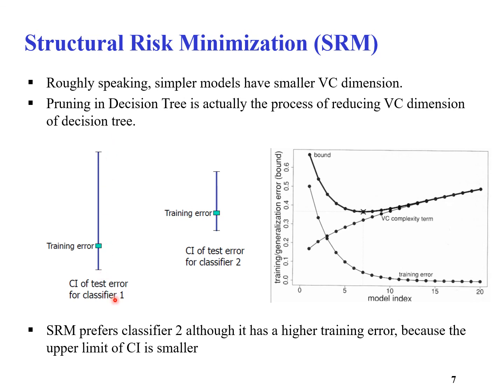So suppose we have two classifiers, classifier 1 and classifier 2. This one here is the training error of classifier 1, and this is the training error of classifier 2. Classifier 1 has smaller training error than classifier 2, right? This shows the range of test error, and this one also shows the range of test error.